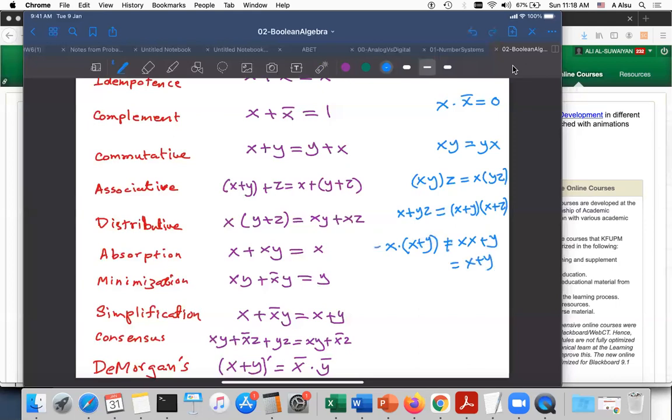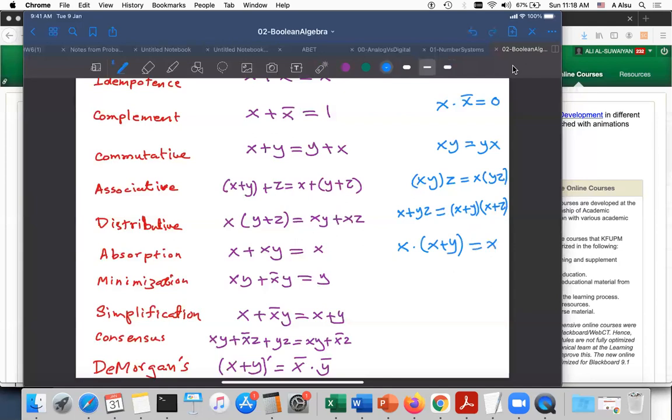However, this quantity we have proven is x, and the quantity that you said is x or y. So please make sure that you mind the precedence as you create the dual. So this is going to be x ANDed with (x or y) is equal to x.